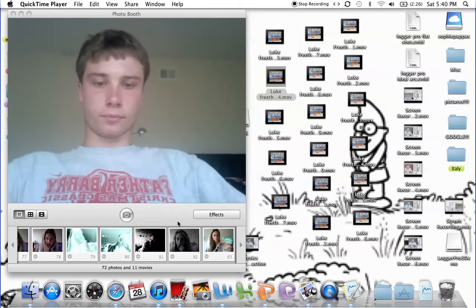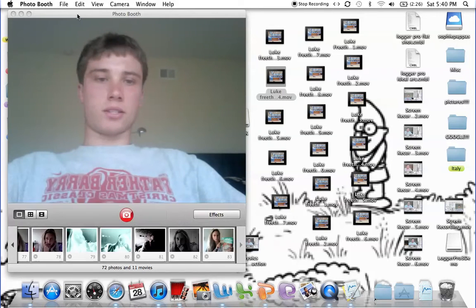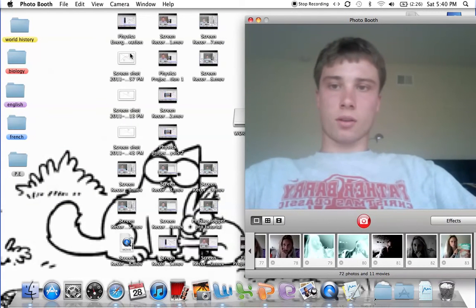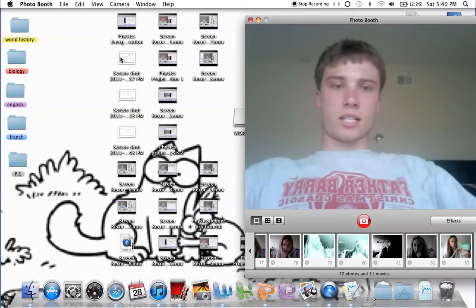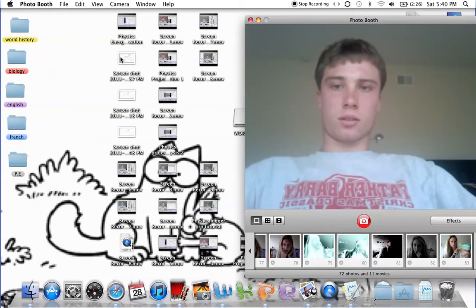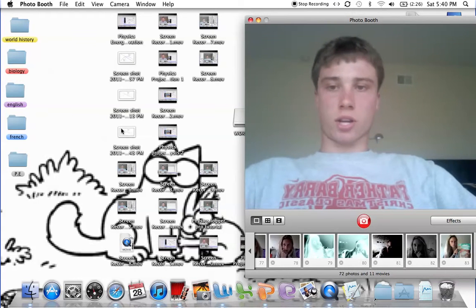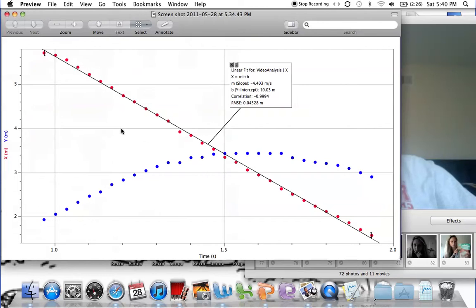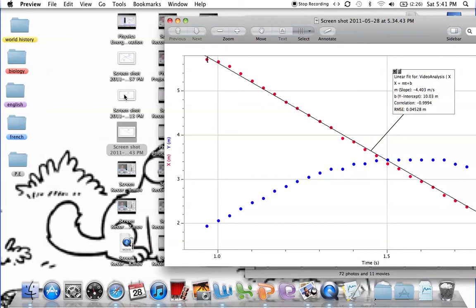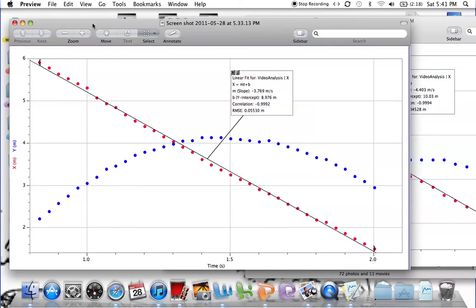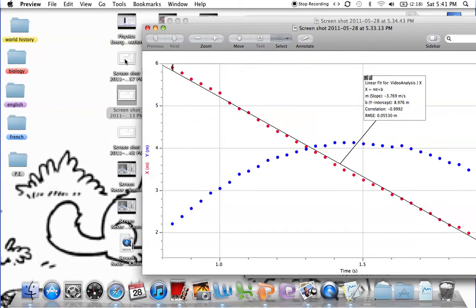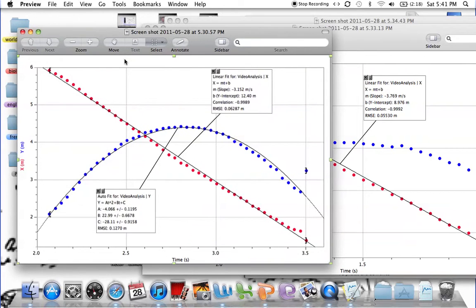Now, I analyzed each clip in LoggerPro, and what I did is I took screenshots of each graph. So let's look at the screenshot for clip 17, the flat shot. Here's 17, here's shot 16, and here's shot 14, which is max arc.